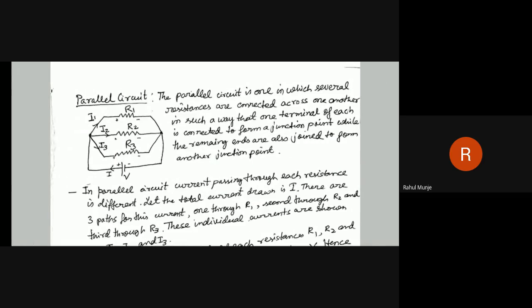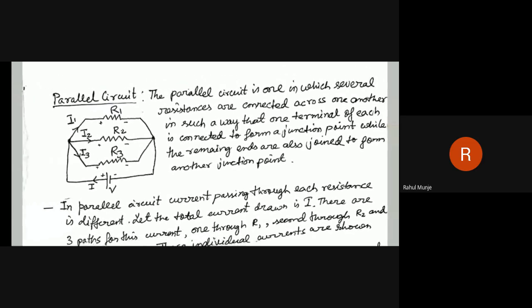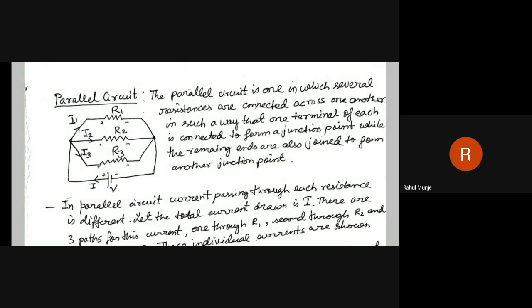So this one was about the series circuit. Let us go to the parallel circuit. This is an example of a parallel circuit where the resistances are not connected end to end.